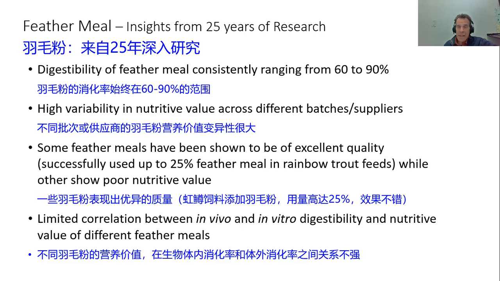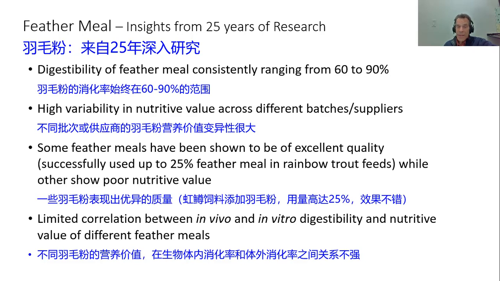But besides this difference in digestibility, even in highly digestible ones, we did find variability in the nutritive value of different batches and suppliers of feather meal. In some cases, and I'll show you results, we've used up to 25% feather meal in a diet of rainbow trout, and performance was excellent. I've seen similar trials with salmon with 12 to 18% feather meal, and salmon performing extremely well.